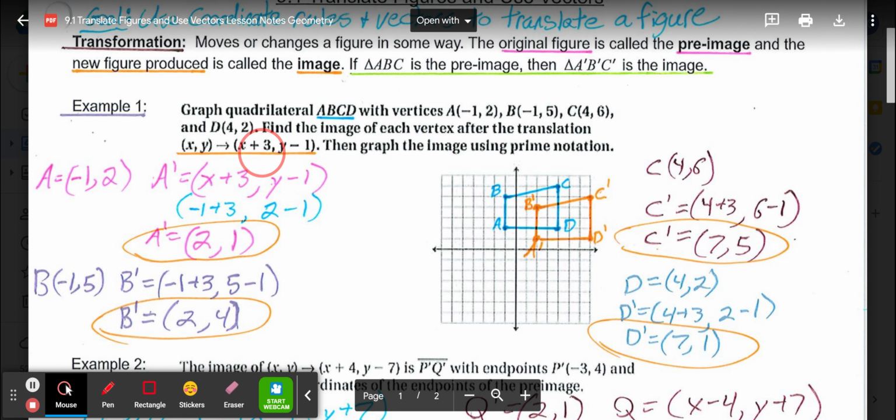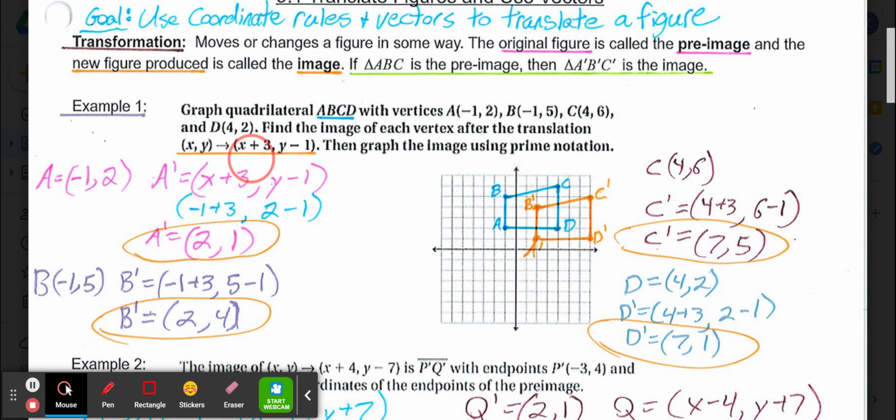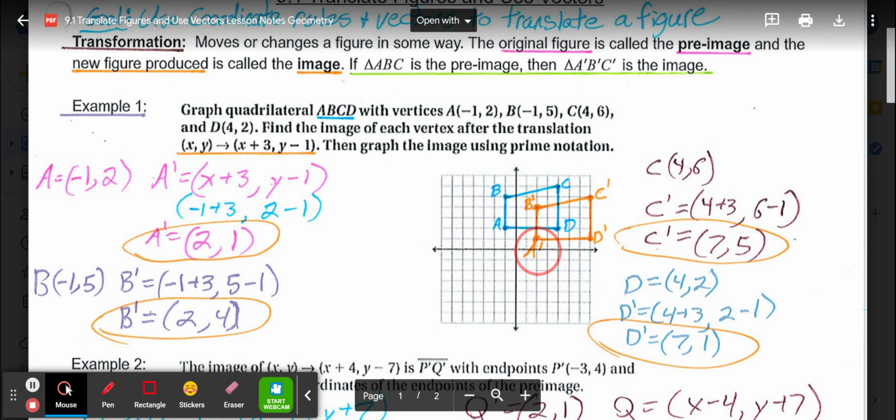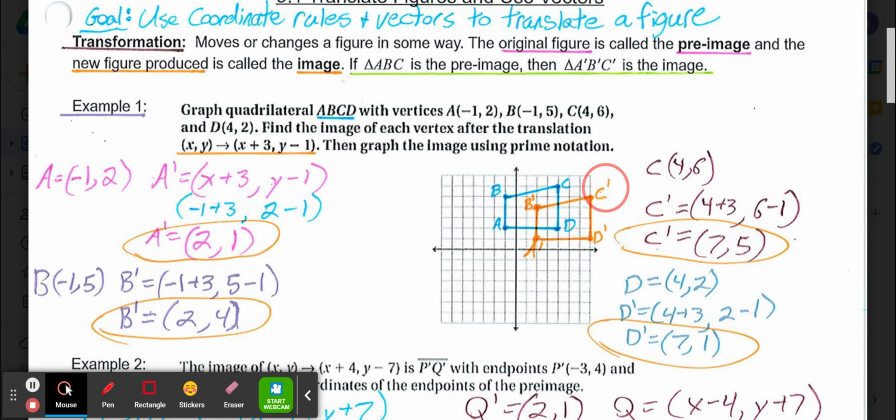We're just using the translation rule: x value plus 3, y value minus 1. This means we'll be moving right 3, down 1. So our new quadrilateral, A prime, B prime, C prime, D prime, is right here when we graph it. Prime notation is just that apostrophe.